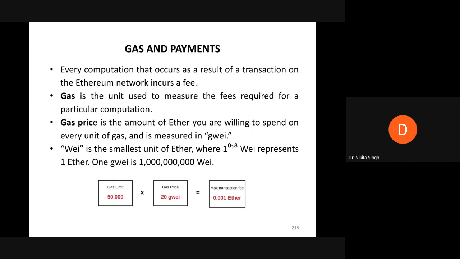That is, gas is the unit of calculation that indicates the amount of ether you will be paying for a particular transaction. And then we have another concept, which is known as the gas limit. The gas limit is the maximum amount of gas a user is willing to pay for performing some transaction.